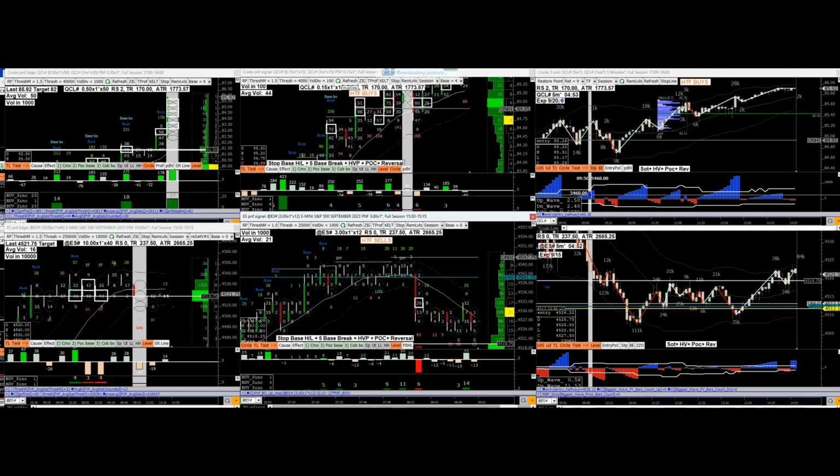The effort could be absorption, effort in absorbing to go in the same direction, or it could be effort as in bag holding to go the other way. In other words, it could be accumulation or distribution. You don't know, and I have to look at the other chart to figure it out.